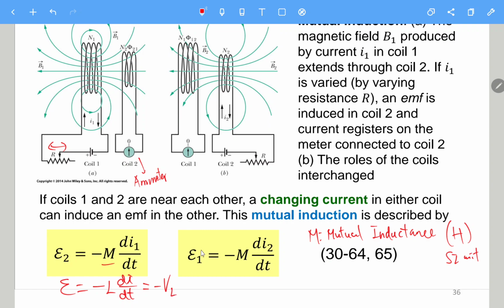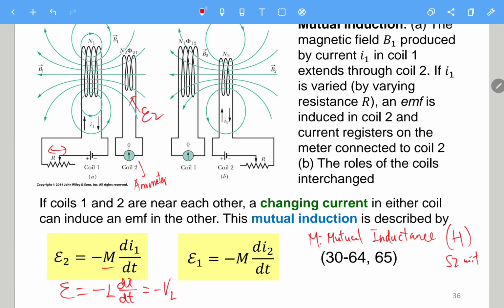I always use VL equals L di/dt. Here it uses EMF, so just let it be like this. For this case, I1 is the source. When I1 is changing, we multiply by M, the mutual inductance between coil 1 and coil 2. So it generates the EMF at coil 2. This is E2, this is I1.